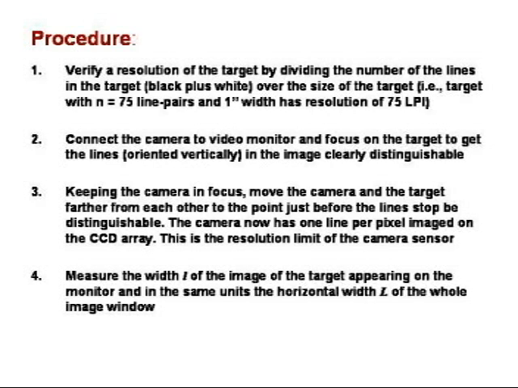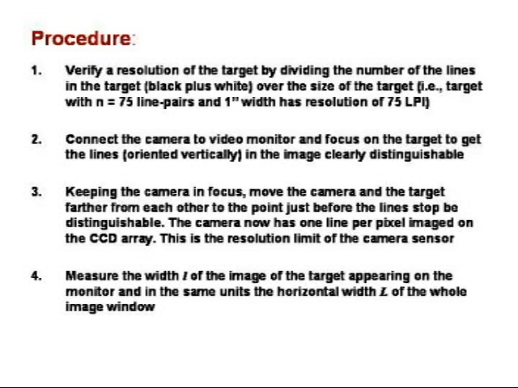Let's summarize your actions in this experiment. You have your target with the known resolution, small n. For instance, if you use your textbook, it's 75 line pairs per inch. Then you connect this camera to a video monitor and focus on the target to get the lines oriented vertically in the image clearly distinguishable.